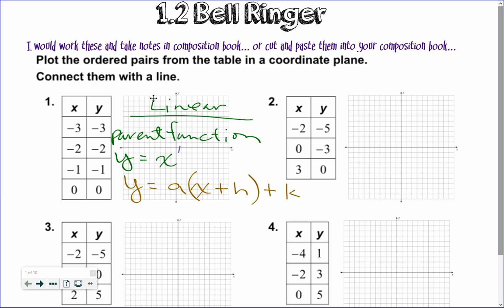Okay, now, copy this down. Draw your little arrow from the a. Okay, the a, we say, if a is greater than 1, it stretches vertically.